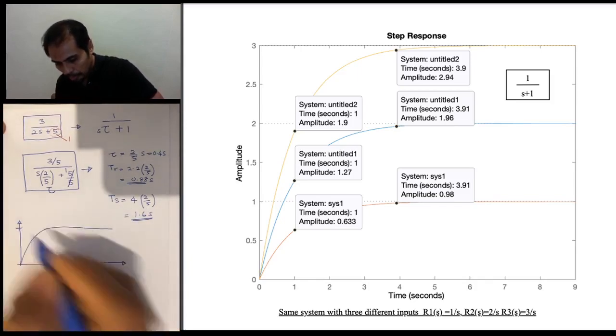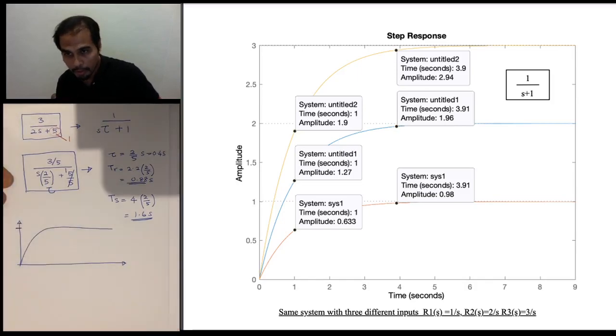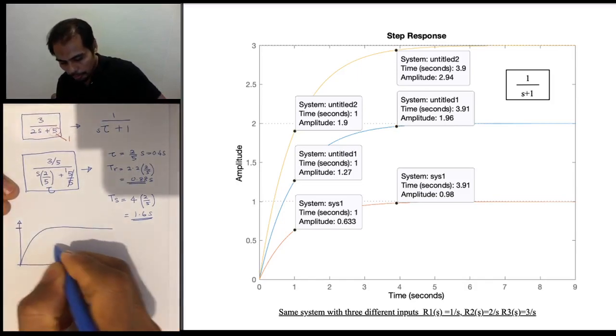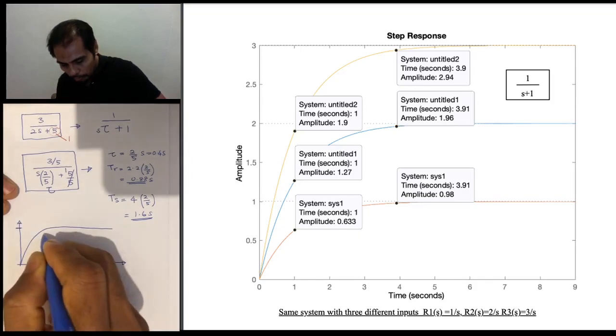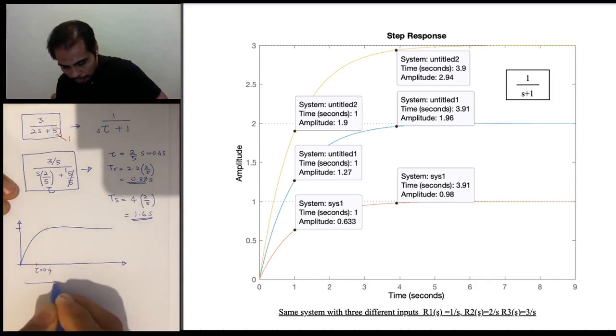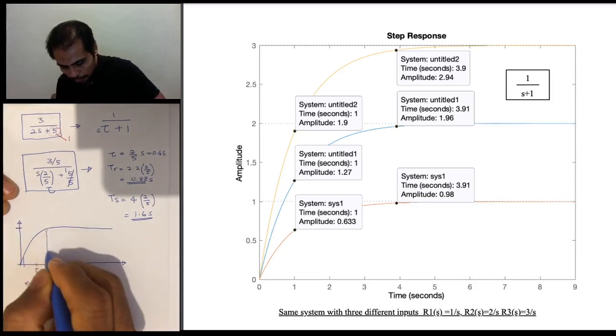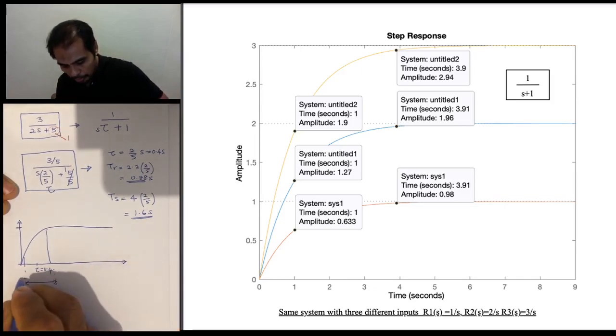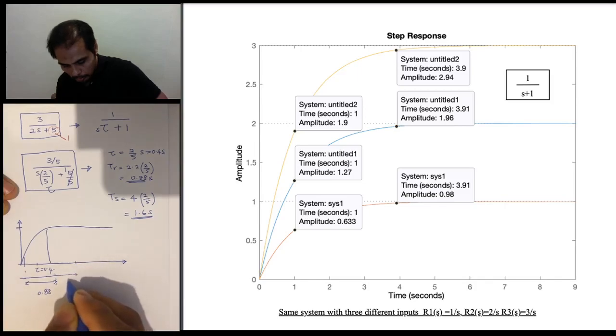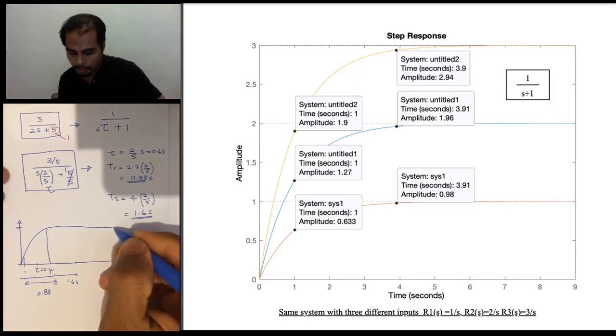So we can solve this to find the steady state. Okay, whatever it is, we can find tau equal to 0.4, Tr equal to 0.88, right? And then Ts 1.6 second. Okay.